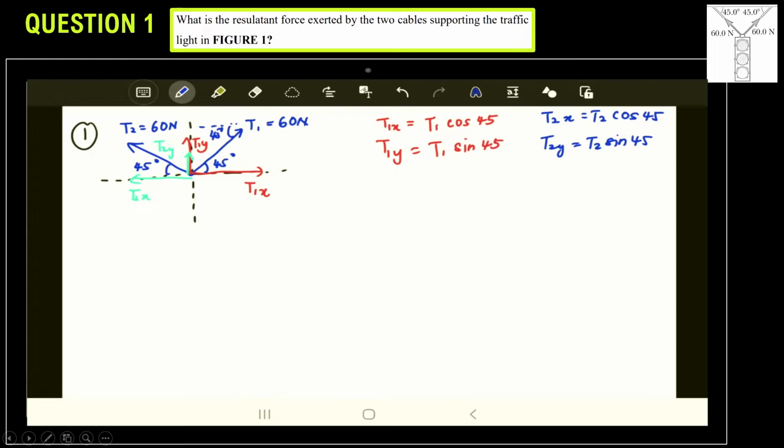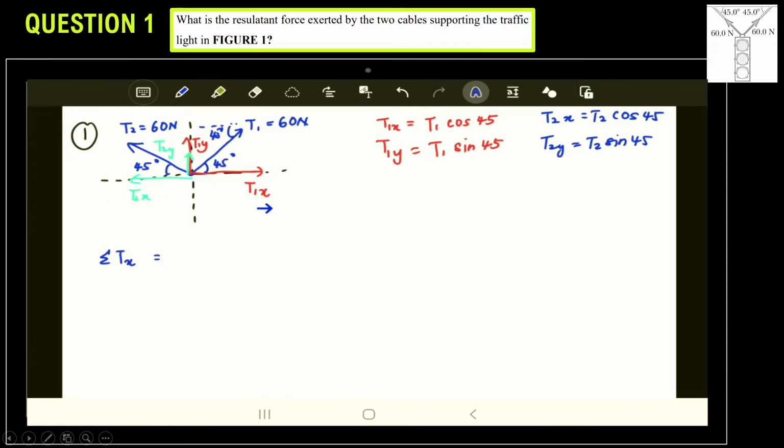We want to find the resultant force exerted by these two cables, which means we want to calculate the total tension in the X component. You can see here we have T1X and T2X.